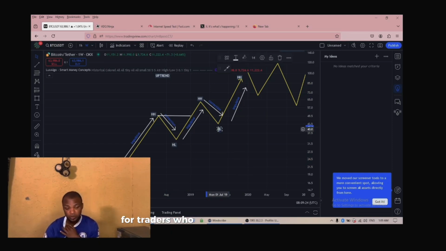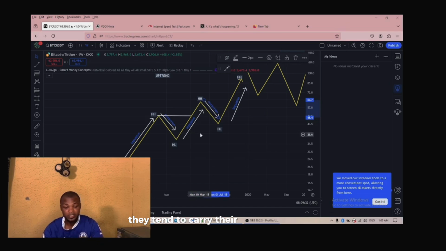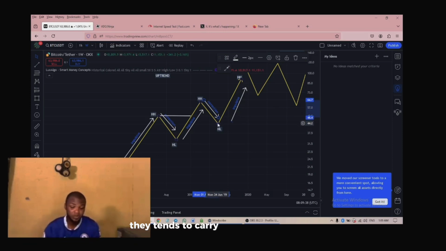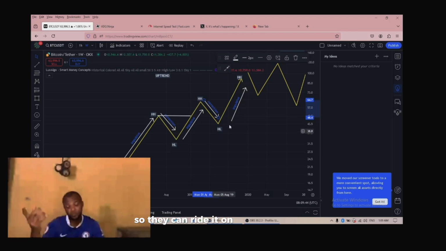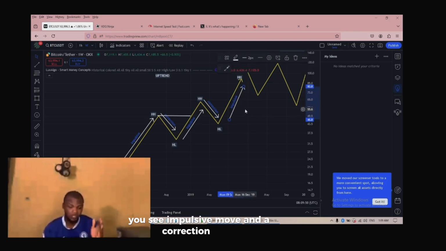For traders who are into derivatives or futures, they tend to carry their trades from another higher low, so they can ride it on to the higher high. That is when trades are being taken. You see an impulsive move and a correction move.